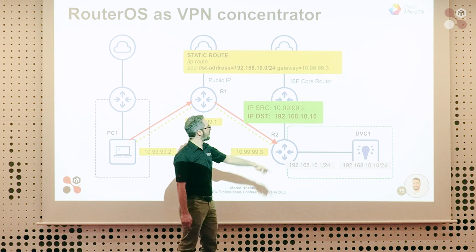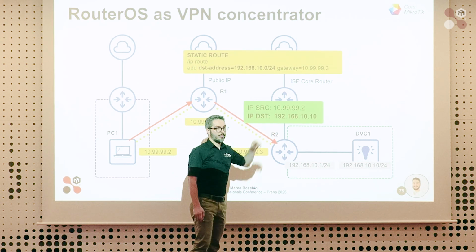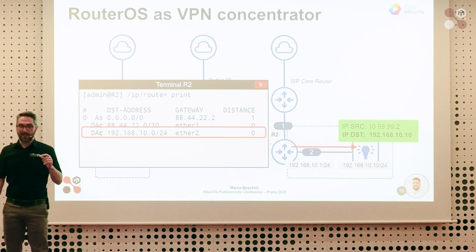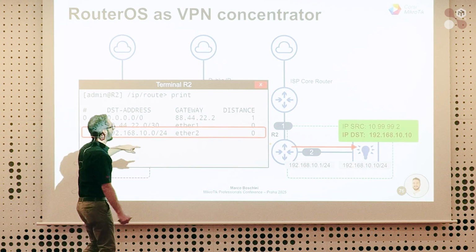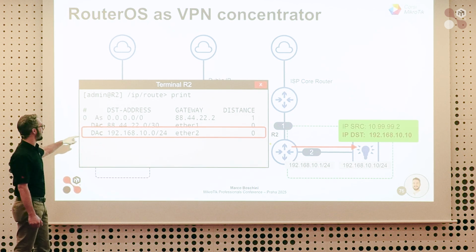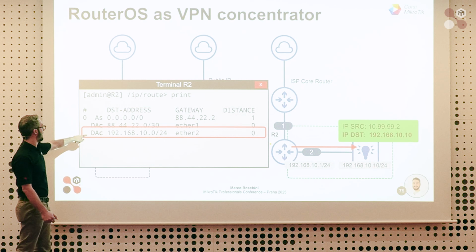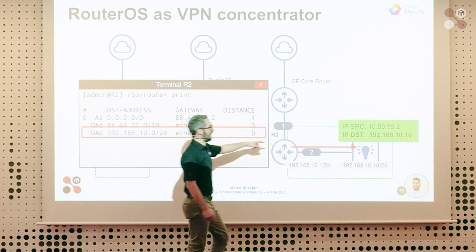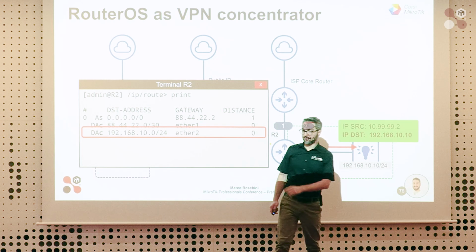Router 1 sends the packet to router 2, looking for the destination. And router 2 knows the routes to reach the remote device because they are dynamic, active, and connected routes, and sends out the packet to the destination.